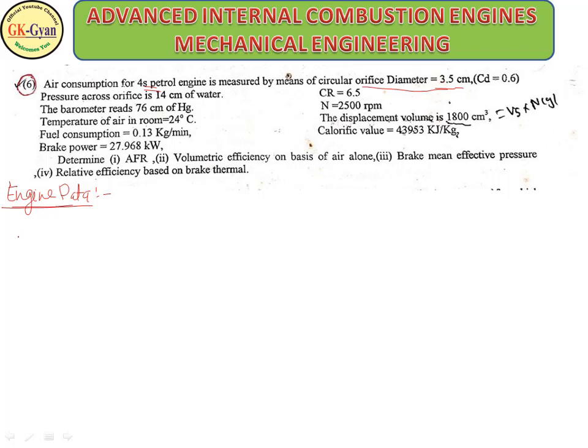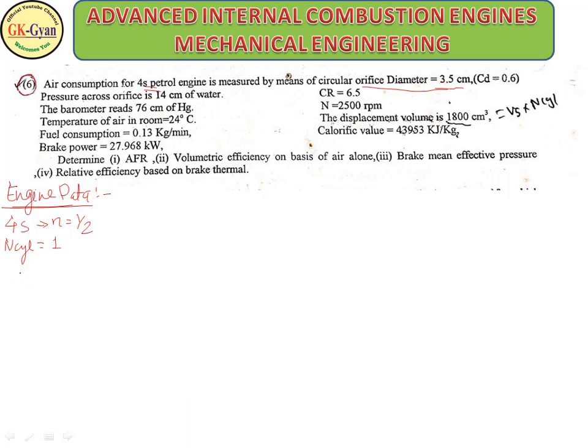Engine data here: 4 stroke is given, so small n is equal to half. The number of cylinders is not mentioned, so we assume number of cylinders equal to 1. Then total displacement volume is given.